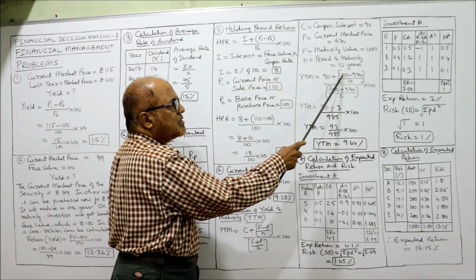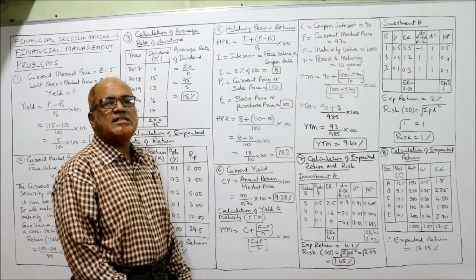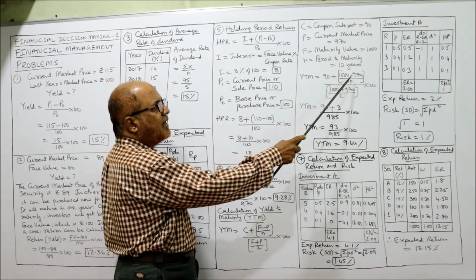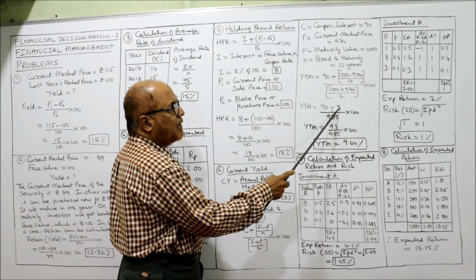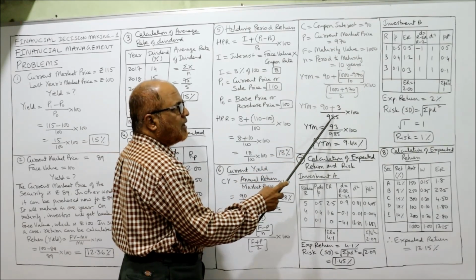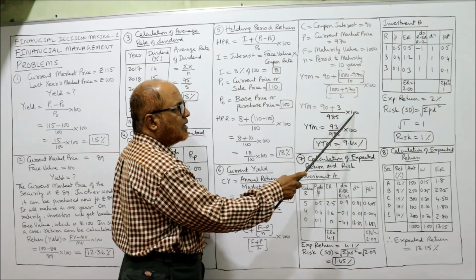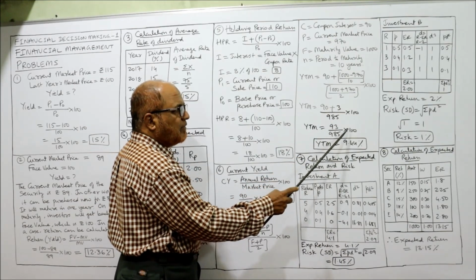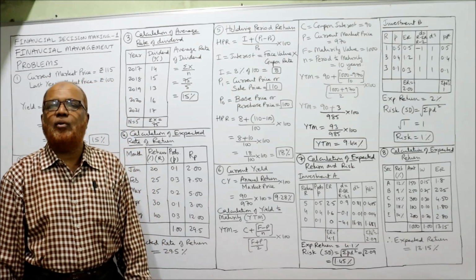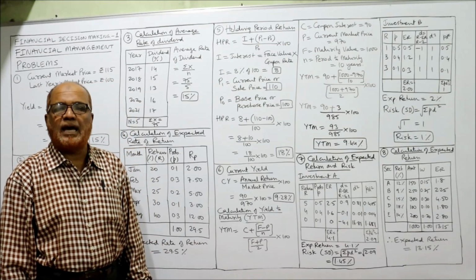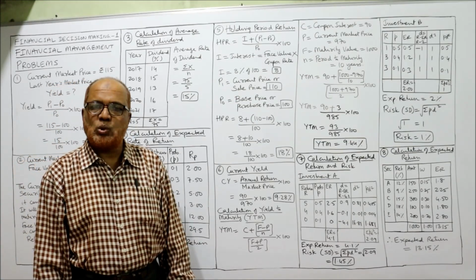So 1000 minus 970 is 30. 30 divided by 10 is 3. So 90 plus 3, divided by (1000 plus 970) divided by 2, which is 985, into 100. So 93 by 985 into 100, you'll get 9.44. This is the YTM, yield to maturity.